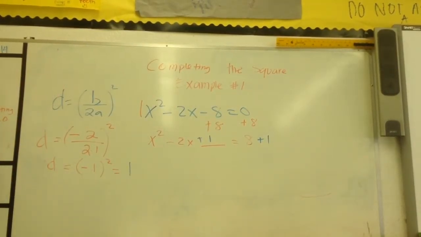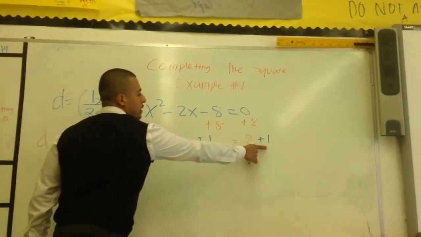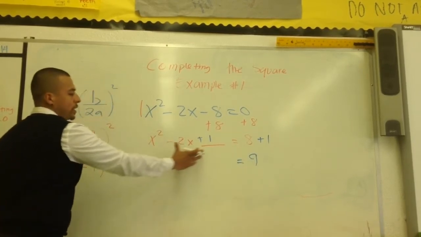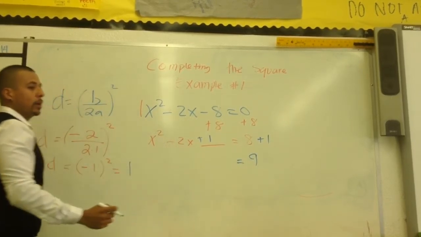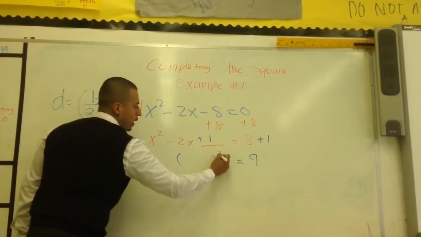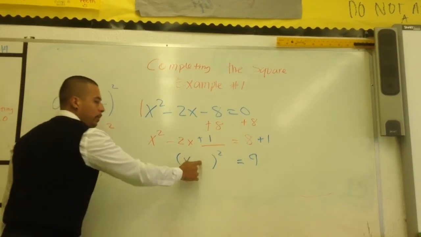Okay, so now I can go ahead and simplify this side. What is this equal? 9. But from here, we did something earlier. So this can be rewritten as a square. Remember, that's where this idea came in. What number am I going to put there?